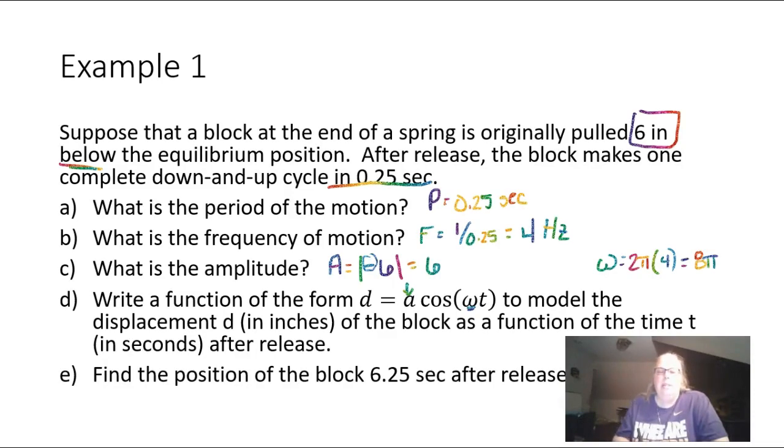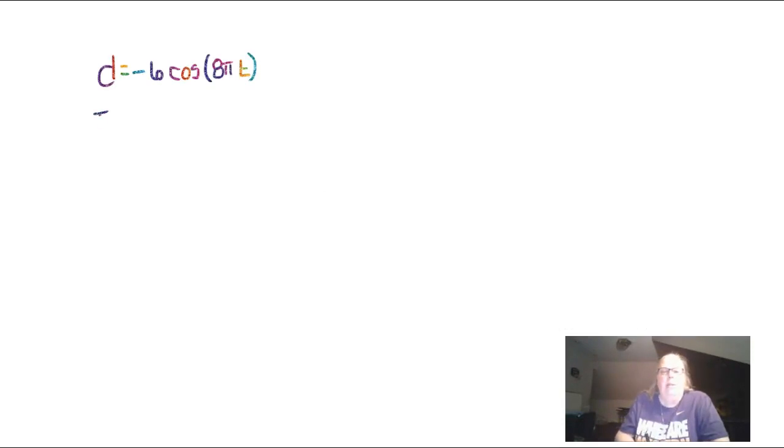For part E, it says find the position of the block 6.25 seconds after release. In other words, we're going to solve for d if we know that t is equal to 6.25. Let's go back to our model and put in 6.25 for t. So d is equal to -6 times the cosine of 8 pi times 6.25.